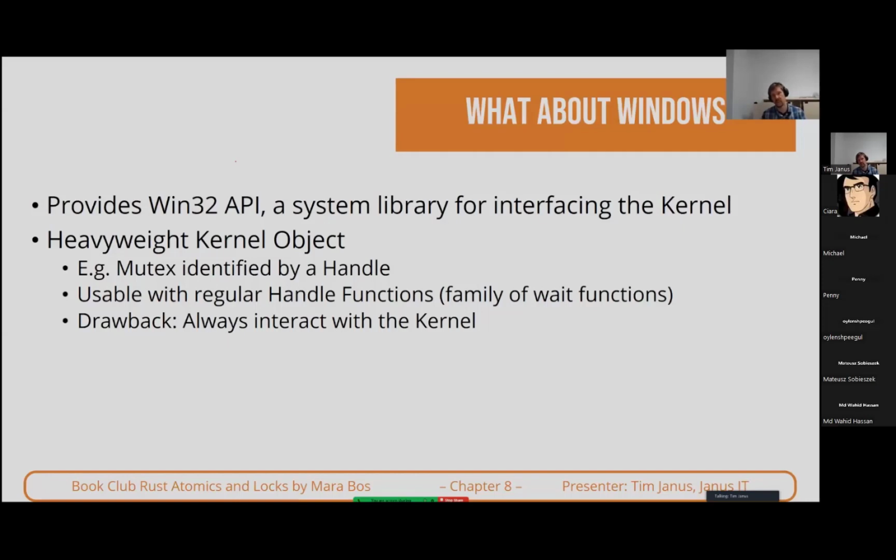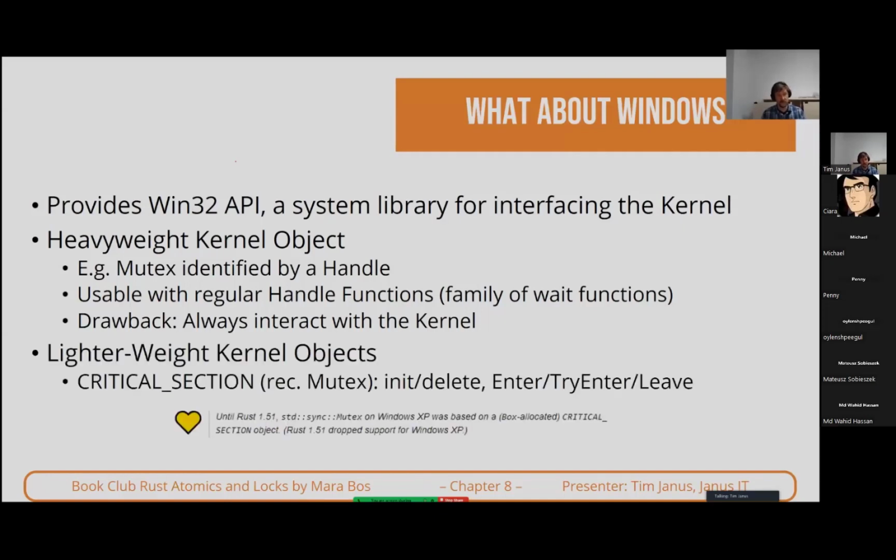A lot of operating system level stuff gets a handle, and you identify it by a handle. On a mutex, you can use wait functions. You could also wait on a file to become readable and stuff like that. But the drawback is that in any case this mutex interacts with the kernel, and that is quite slow. So the heavyweight kernel objects are not the best fit.